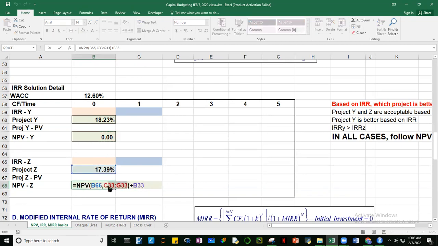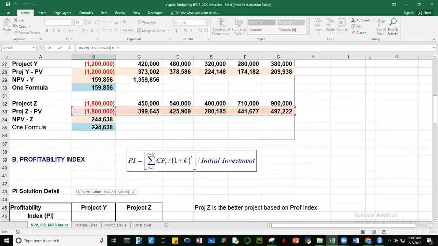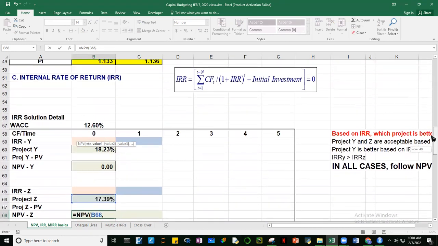So this should be NPV, this one. And what are the values?